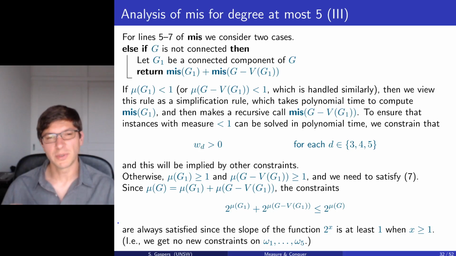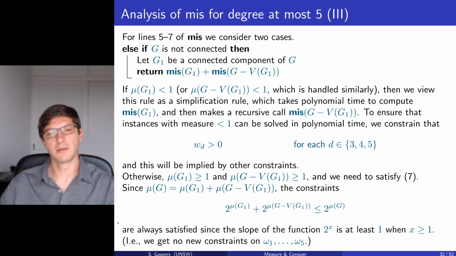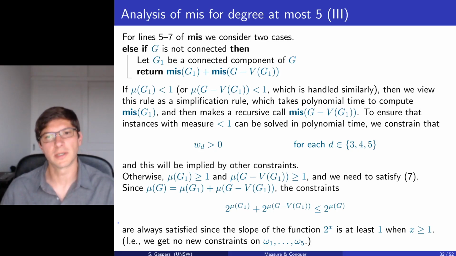So G1 could still have many degree 1 or 2 vertices, as long as we can exhaustively branch on the degree at least 3 vertices in polynomial time or in constant time. Then we can solve the remaining degree at most 2 vertices in polynomial time, right?